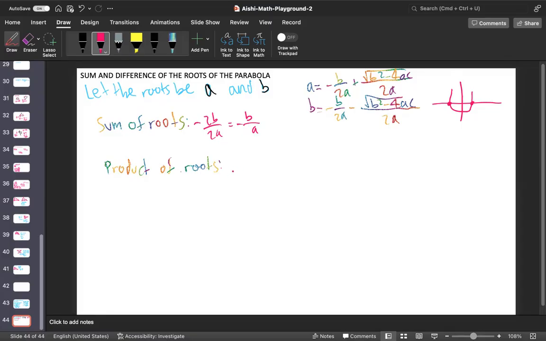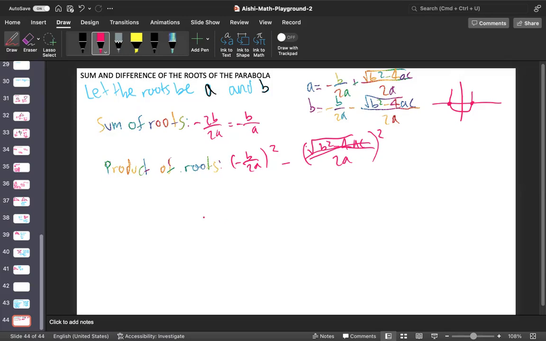Okay, now for the product of roots, we would have negative b by 2a plus the square root of b squared minus 4ac divided by 2a, times negative b by 2a minus the square root of b squared minus 4ac divided by 2a.